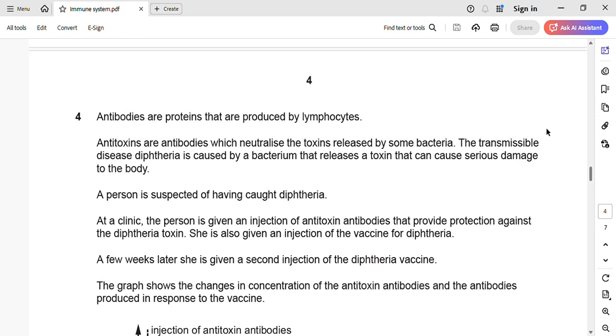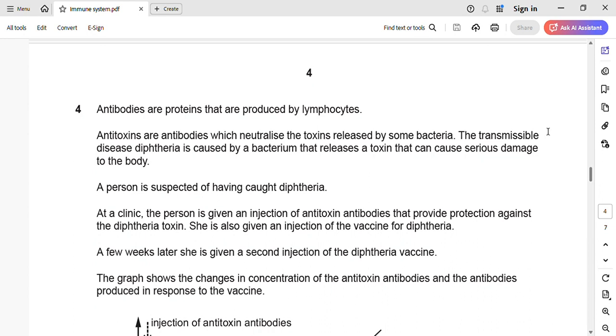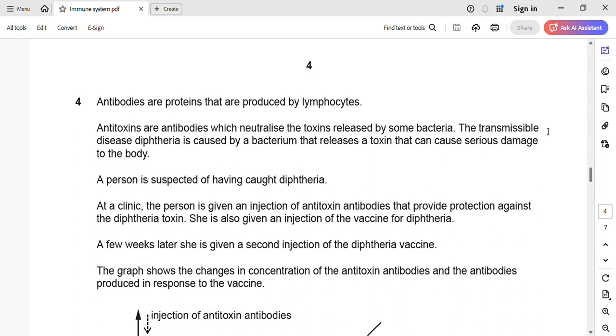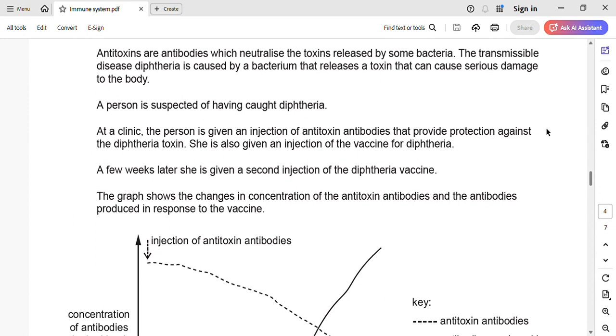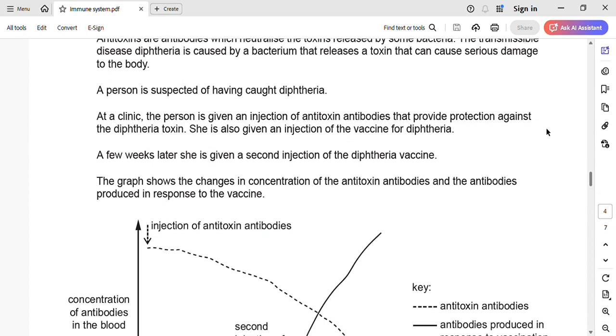Next: antibodies are proteins that are produced by lymphocytes. Antitoxins are antibodies which neutralize the toxins released by some bacteria. The transmissible disease diphtheria is caused by a bacterium that releases a toxin that can cause serious damage to the body. A person is suspected of having caught diphtheria at a clinic.